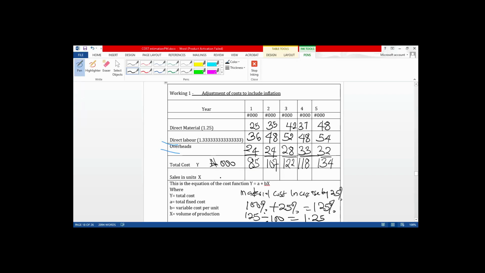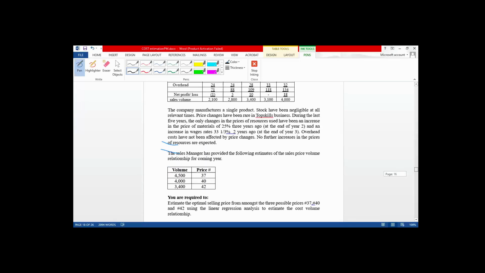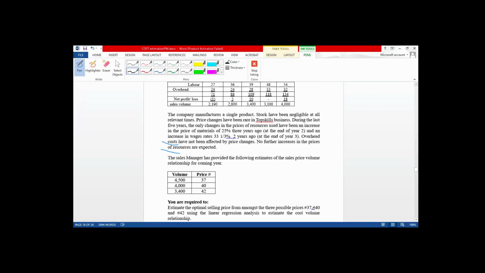We need to do the same thing to the sales. I want to scale this down by 30. That means I want to remove 30 here. When I say scale down, I want to divide all this by 1,000. That means I want to scale it down by 3 zeros.